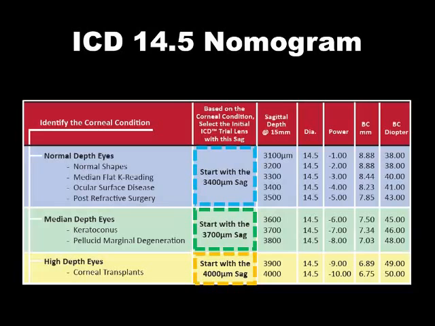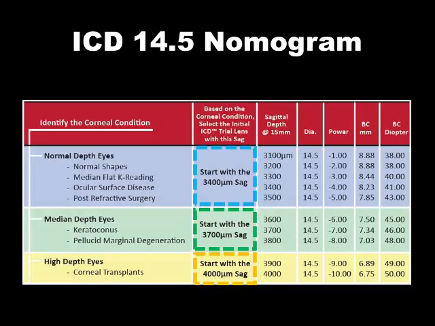That's the normal sag lens for a low depth eye. If you have keratoconus, you're going to go 300 microns higher, up to a 3700 micron. If you have a corneal transplant, you'll go up even higher, right to a 4000 micron lens.